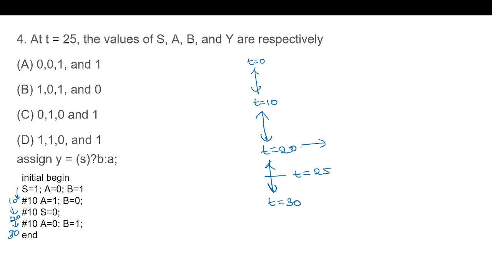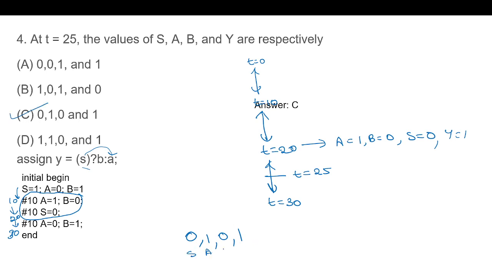So at this point, my A value is 1, B value is 0, and S is 0. So I have to select S is 0 means A, Y is 1. So output is S, A, B, Y. I think I'm doing something not correct. Yeah, correct. 0, 1, 0, 1. S, A, B, and Y.